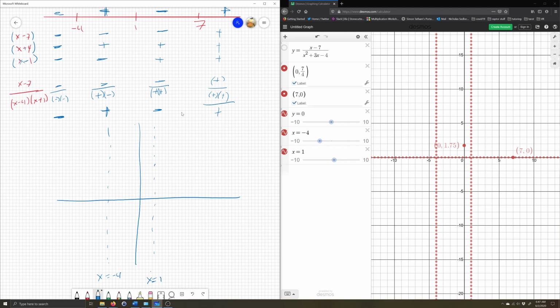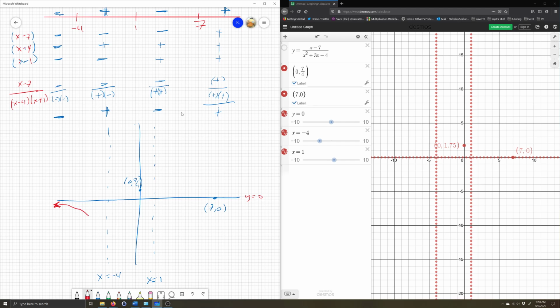X equals 1, 7, 0, 0, comma, 7 fourths. And so, okay, so it starts negative. So you need to start close to the horizontal asymptote, which is y equals 0, and then it's negative.